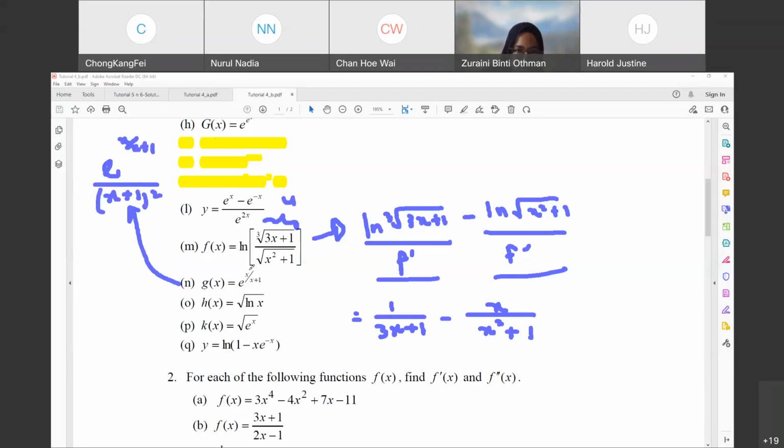Yang ini memang kena guna chain rule. Yang ni gantikan yang ni semua sebagai U. Dia dapat jawapannya macam ni. Okey. Then for O. O ni ialah kita guna kat sini dia ada yang ni ialah power rule kat sini. Which is the final answer will be 1 per 2X punca kuasa ln X.